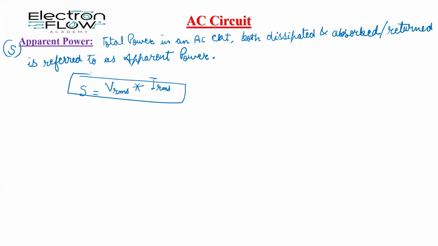But in an inductive or capacitive circuit, when reactances exist, the apparent power is greater than the real power. So S is equal to VI, or the square root of P square plus Q square.